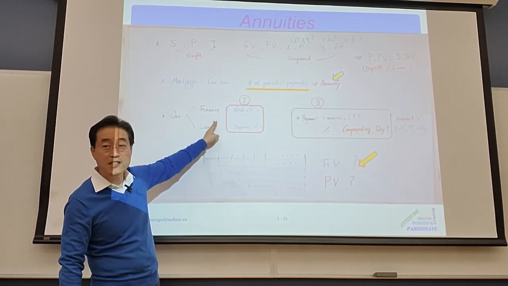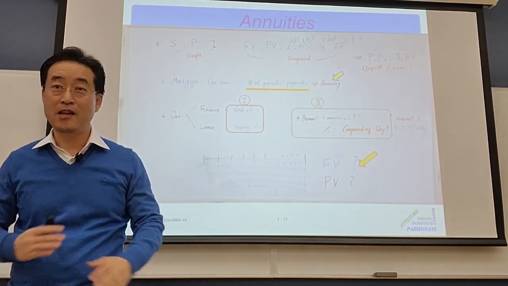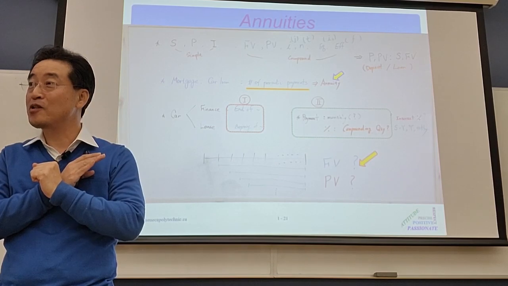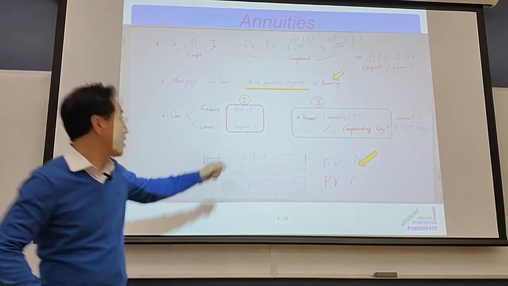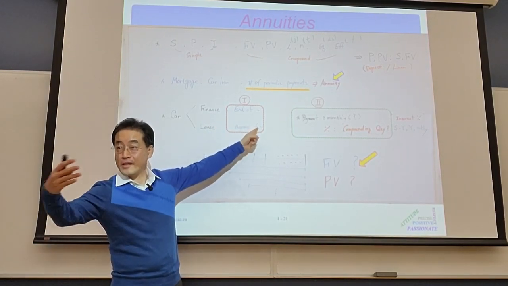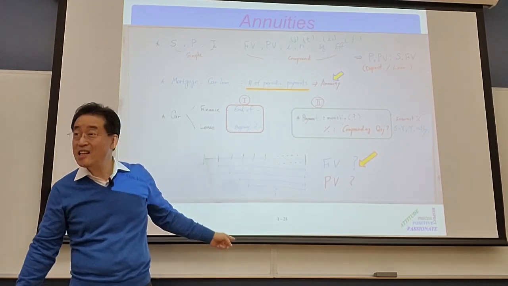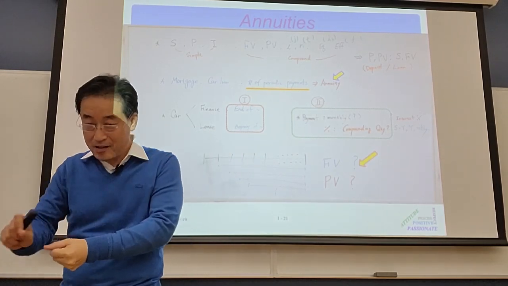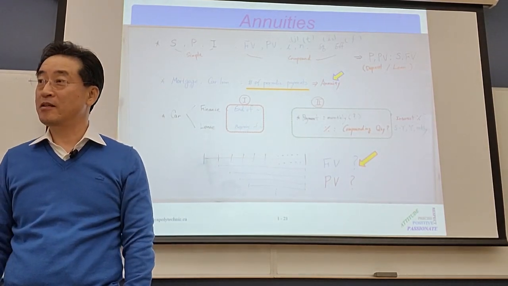If it's finance, you buy a car, you don't need to pay anything when you purchase a car with a finance contract. You're going to pay end of the month. End of the month, end of the month, you started to pay. If it's a lease, once you sign on the contract, you're going to pay first payment today.